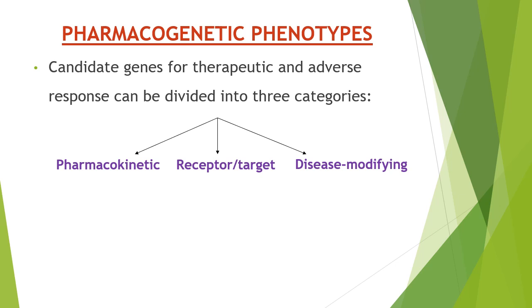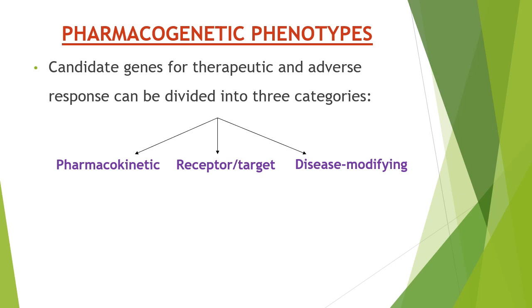Pharmacogenetic phenotypes. Candidate genes for therapeutic and adverse response can be divided into three categories. First is pharmacokinetic genes, which modify drug disposition. The second is receptor or target, those that alter the function of the molecules with which drugs interact to produce their beneficial or adverse effects.